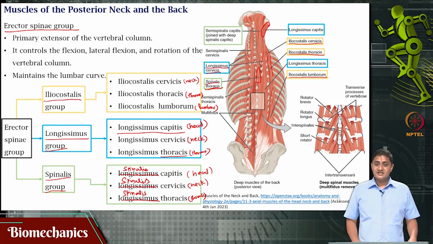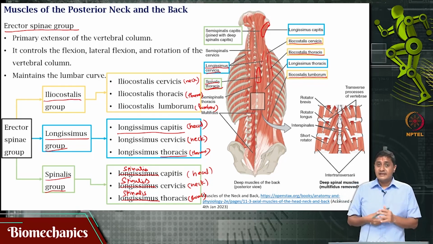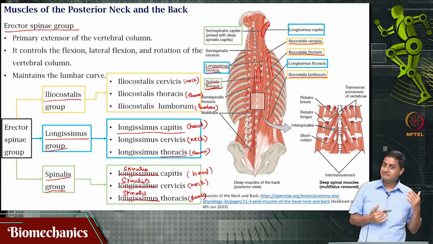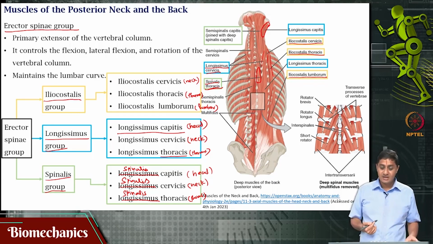So, let us review this. Those that are located most lateral are called iliocostalis. Those that are located intermediately between medial and lateral are called the longissimus group, and those that are located closest to the spine, or most medial, are called the spinalis group.